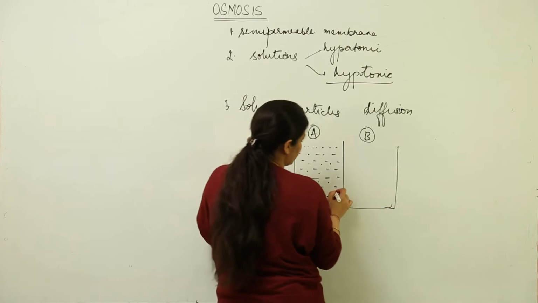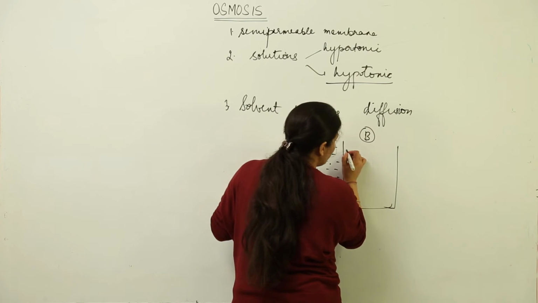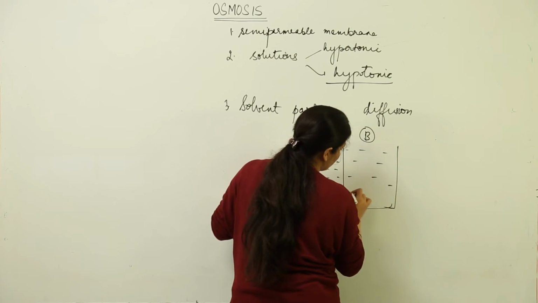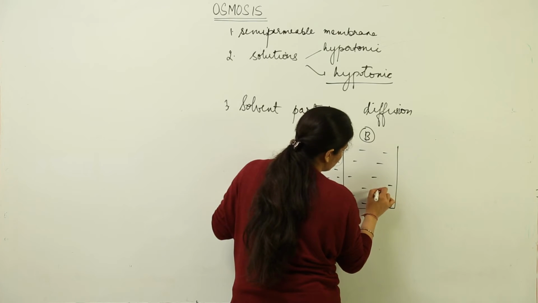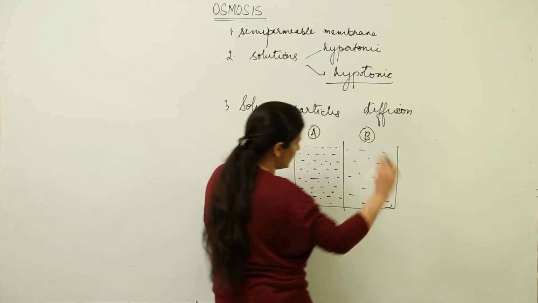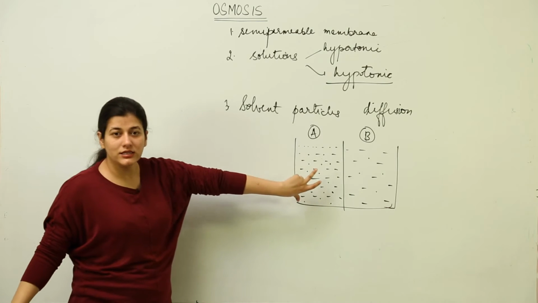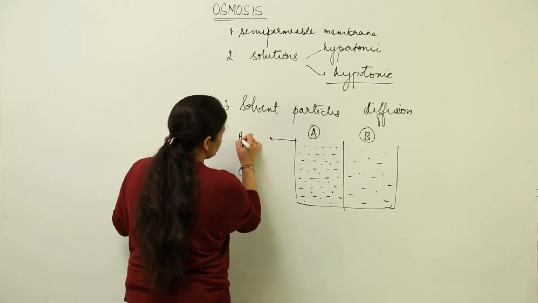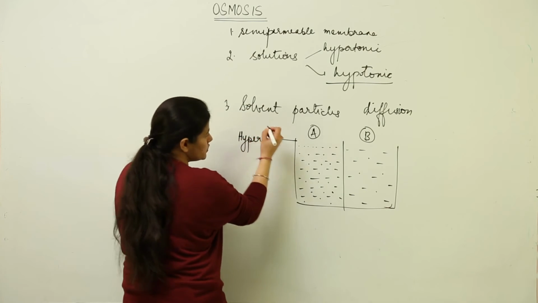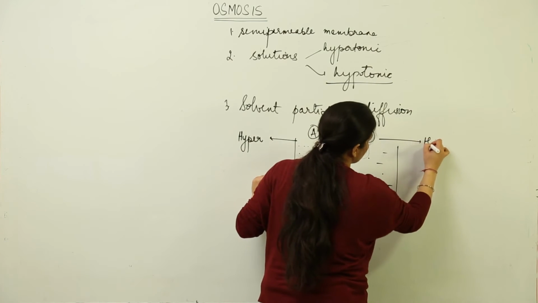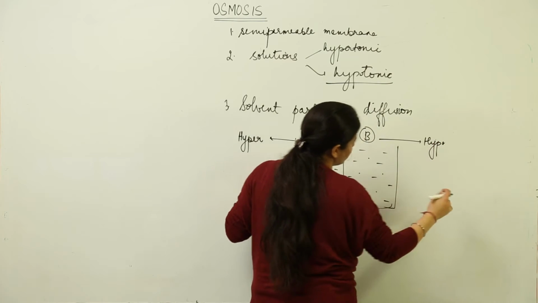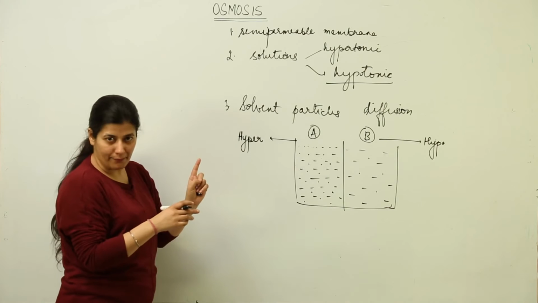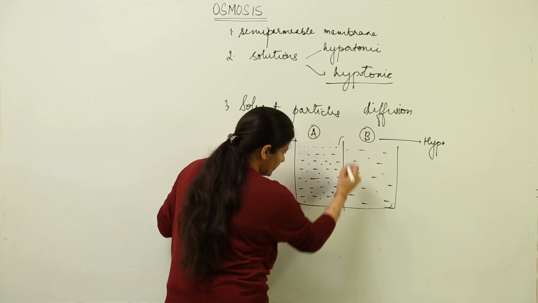The molar concentration is higher for the solute, and we have a hypotonic solution which has the least number of solute particles in comparative terms. This solution is hypertonic, this one is hypotonic, and please remember these two terms, hyper and hypo, both are relative. So what will happen? This part is a semi-permeable membrane.